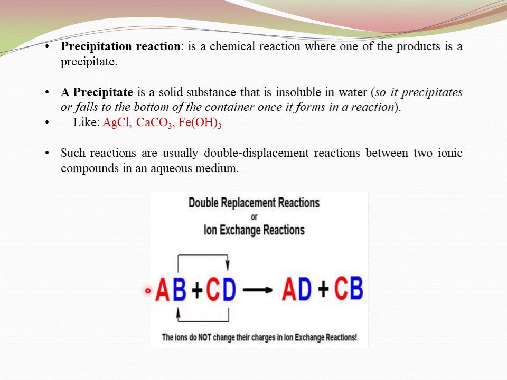So here, for example, this ionic compound consists of cation A and anion B, and here cation C and anion D. So they change partners: cation A with anion D, and cation C with anion B. This is the product. Now if there is any precipitate in the product, the reaction is called a precipitation reaction.